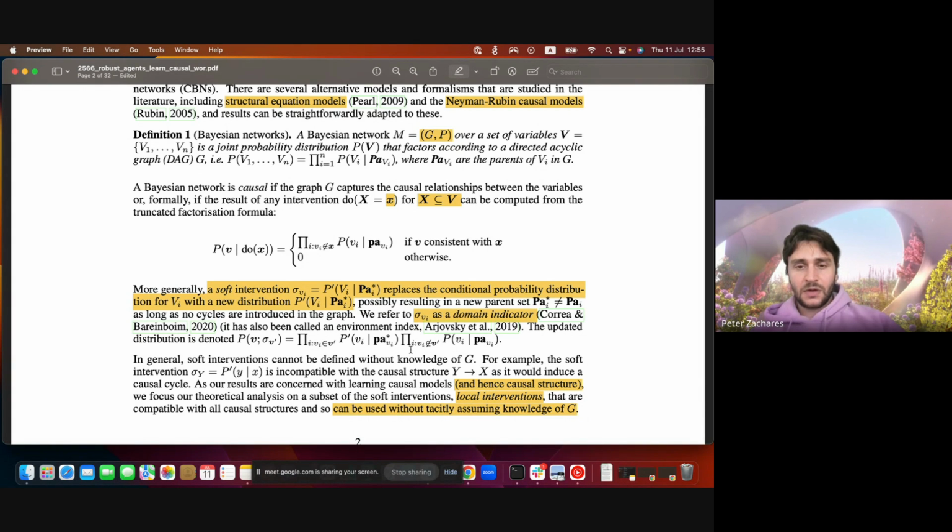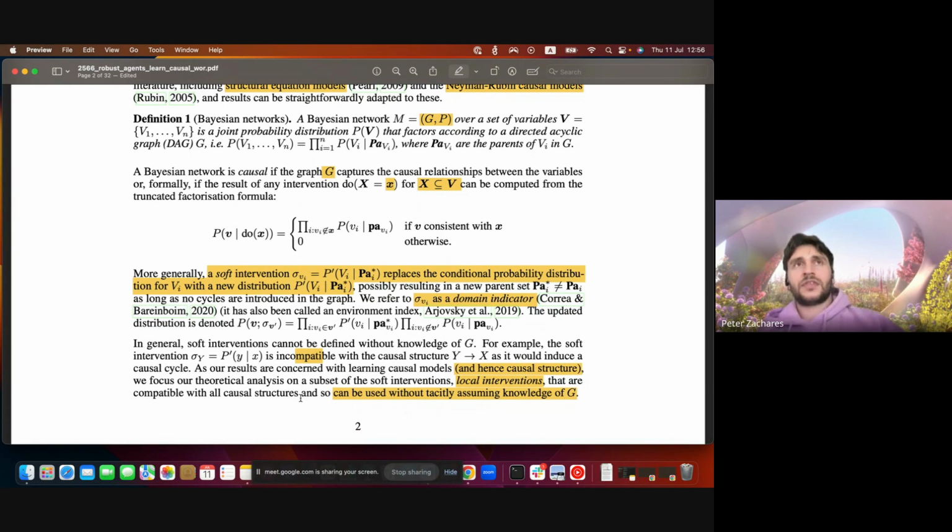So anyway, soft interventions, as I just pointed out, cover a huge number of different interventions, like changing the graph G, or it could be changing the distribution of a variable.